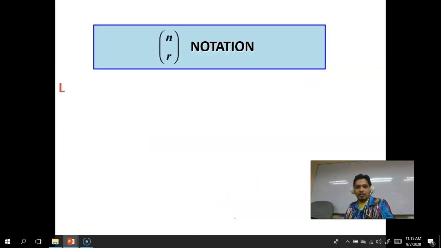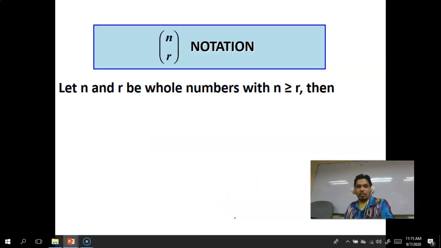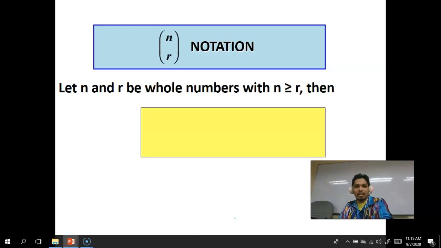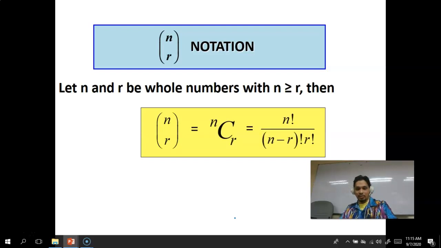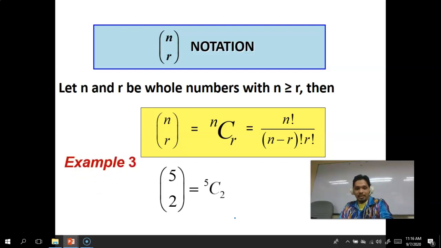Okay, notation of nCr. Let n and r be whole numbers with n greater than r. Then this one is notated as nCr, which is n factorial divided by (n minus r) factorial multiplied with r factorial. Okay, we will see here 5C2.